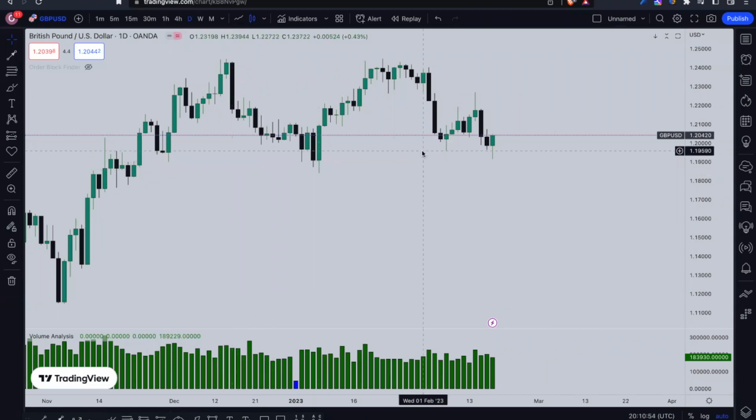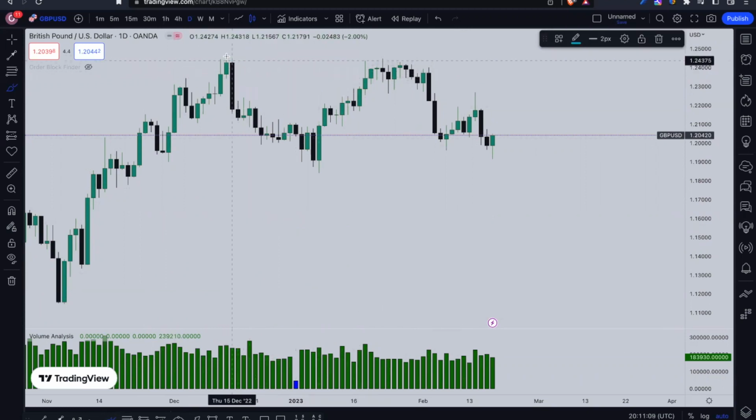Okay, so let's proceed. Looking at this, I initially had the opinion that GBPUSD was going to take out this high as its target.